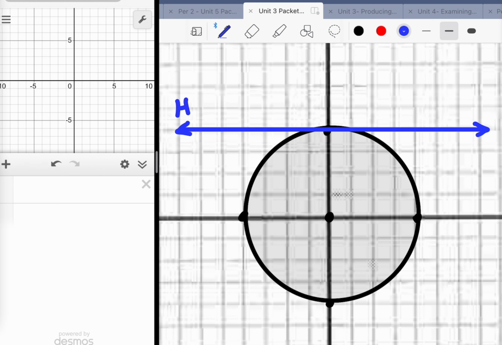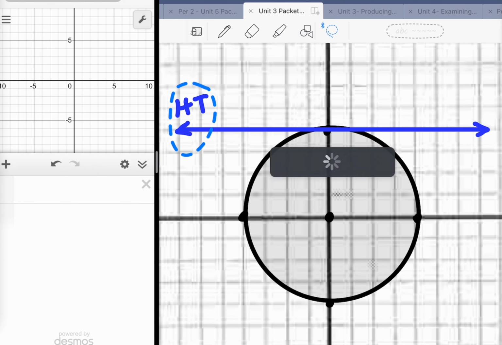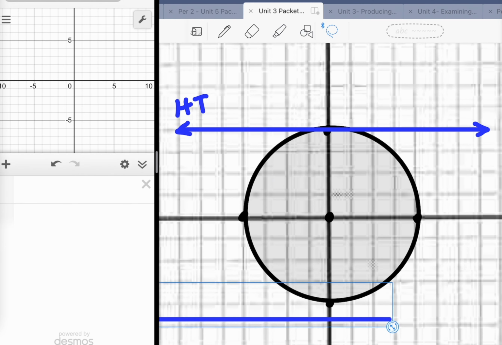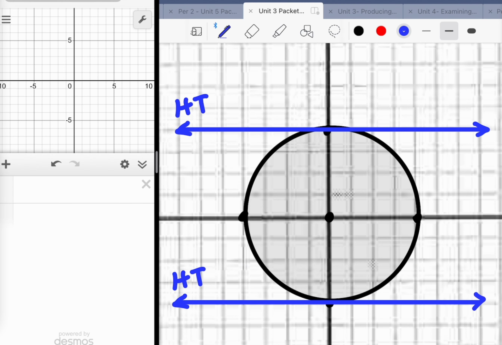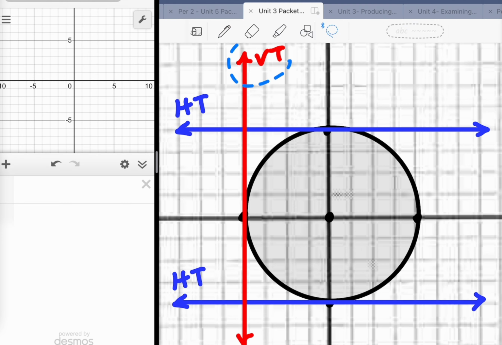So this would be a horizontal tangent, and we'd have another one down low. It touches the circle in exactly one location, crappy drawing aside, and it's also horizontal. You'd also have your vertical tangents here and here.